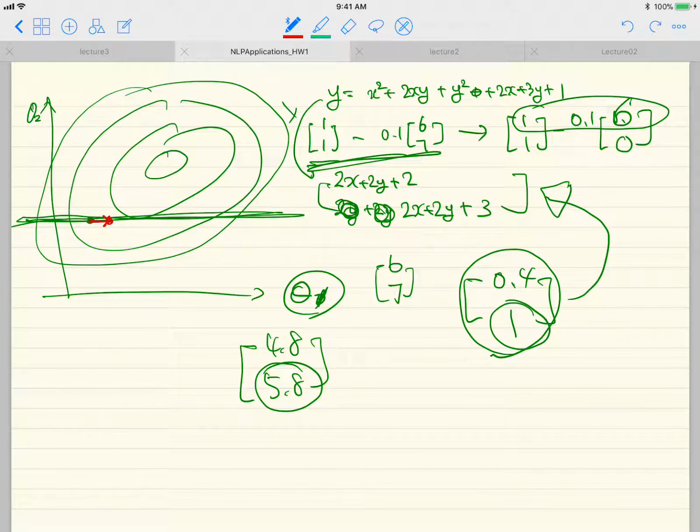And then after moving to here, we can think of a new function because we are updating the second coordinate, and we can also think about the mountain like this, right? And in this case, the new gradient value corresponds to the slope here, and then we do the updating like this. So instead of going directly in a certain direction, it is a zigzag form, right? Horizontally, vertically, horizontally, vertically, right? So this is called coordinate descent.